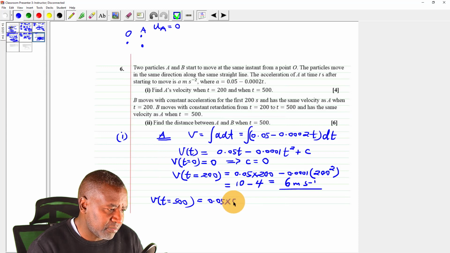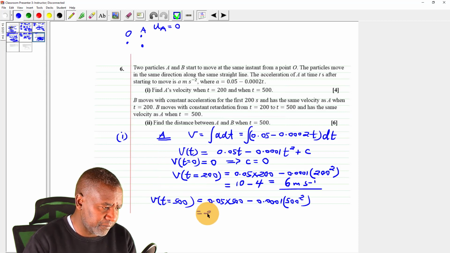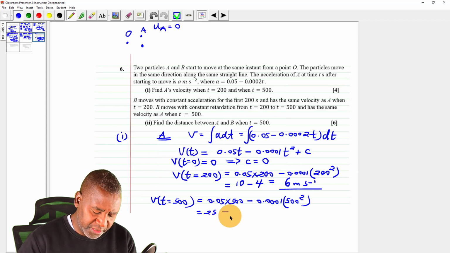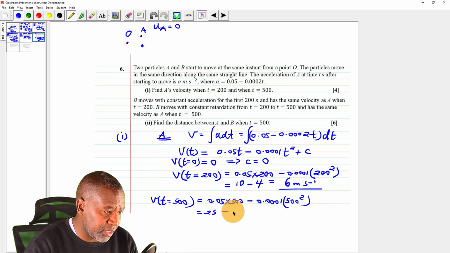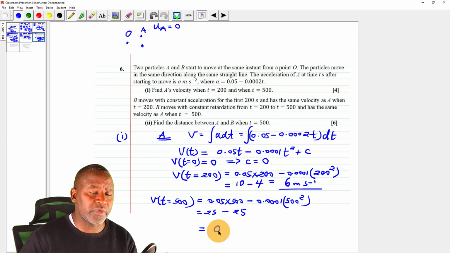0.05 times 500 minus 0.0001 and this is 500 squared, and this will give me 25 minus, and this again gives me 25, and we find that the velocity when t is 500 is 0, so it has come to rest.